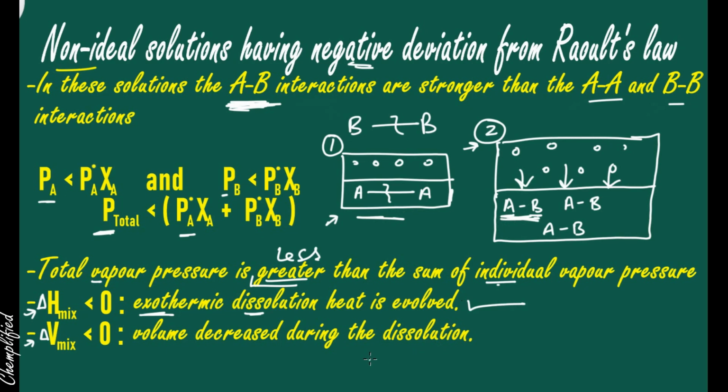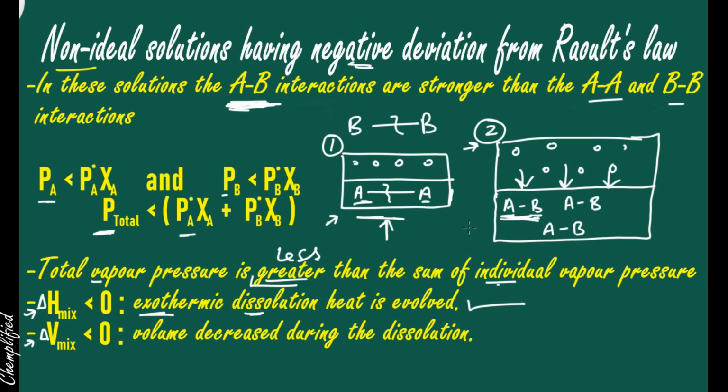Now why is delta V less than 0? Look at this diagram. A and A have less force of attraction between them, right? Since the force of attraction is less, they will occupy greater volume.